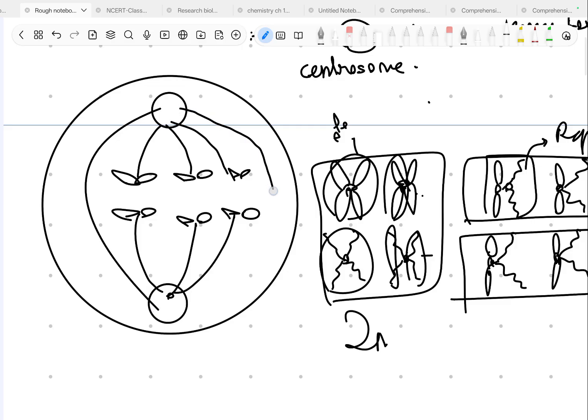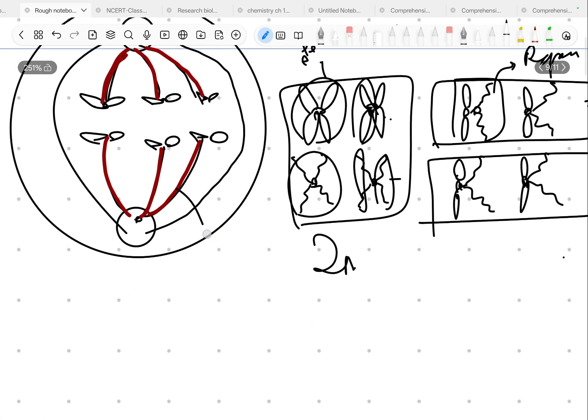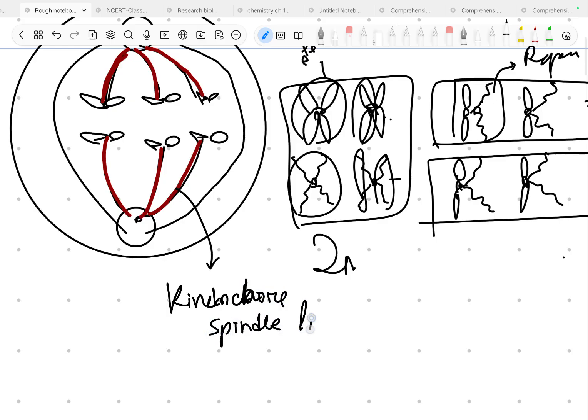The red color spindle fibers are attaching to the kinetochore part. This type of spindle fiber is termed a kinetochore spindle fiber.